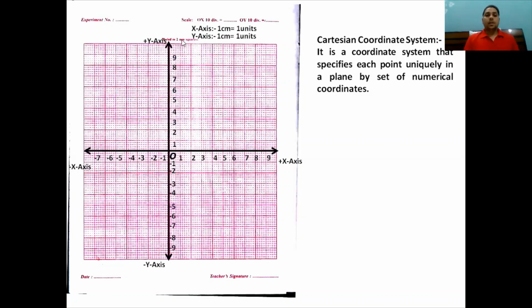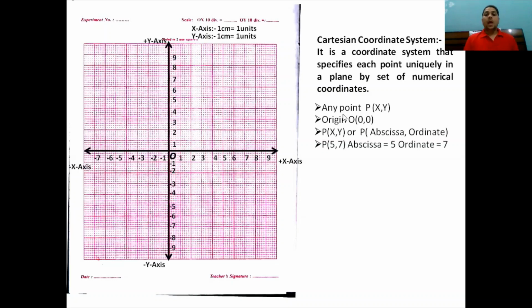Here we have decided our scale factor in the graph. The smaller box is 1 centimeter on a standard graph of 2 mm squares. We have 1 centimeter equal to 1 unit, so we have taken the small box as 1 unit here.